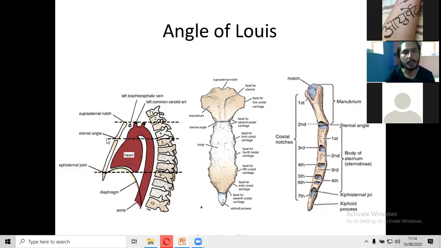You have got a confusion here. See, this is the transverse thoracic plane, okay?